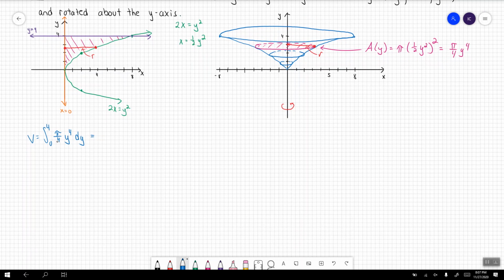Pi fourths is a constant, so it moves straight through the integral. The integral of y to the 4th is what we're left with, dy. And when we integrate y to the 4th, we're left with 1/5 y to the 5th evaluated from 0 to 4.